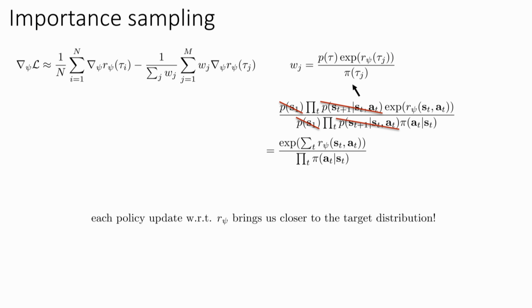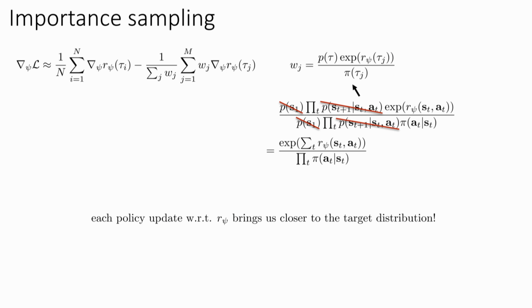Now you can take these ratios and plug them in as your weights W. This gives you an estimate of your gradient that you can use. Perhaps most importantly, as you do these lazy updates to your policy, each of those updates improves the expected reward of your policy with respect to r psi, bringing it closer to the distribution that you're reweighting to.